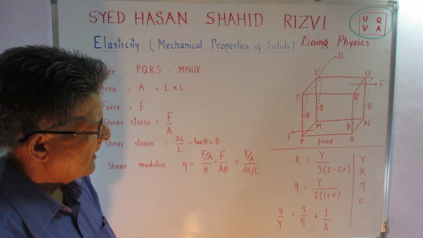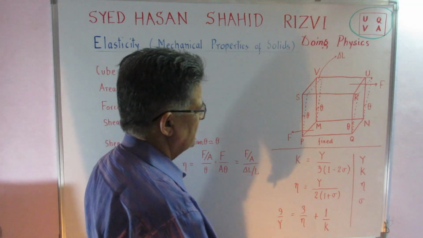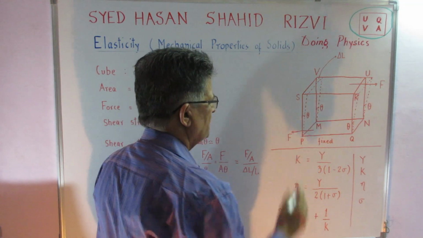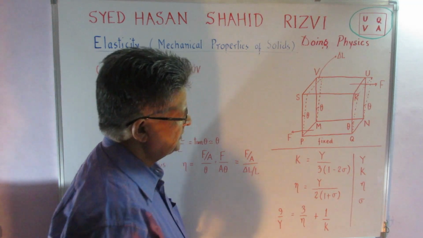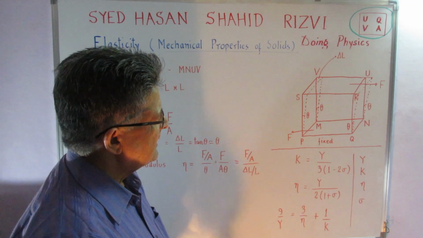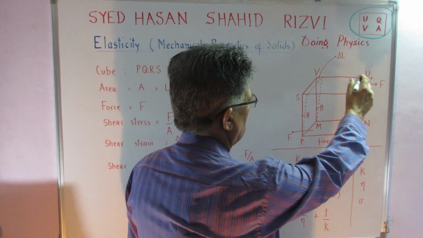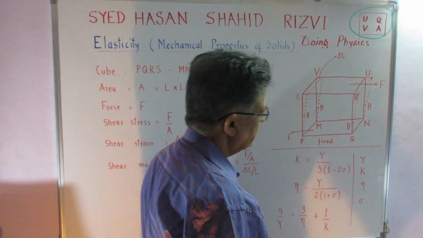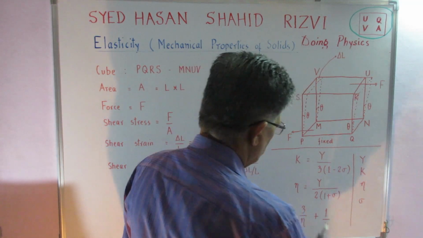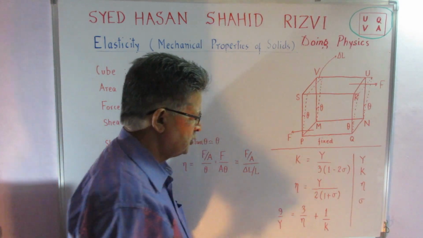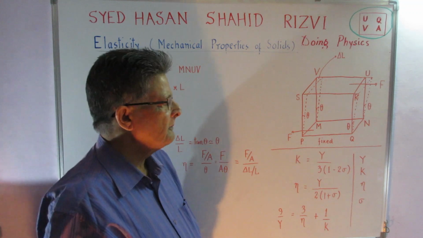I have this P, Q, R, S, the front face that we can see, and it has a back face M, N, U, V. Now this surface is fixed to some rigid body.